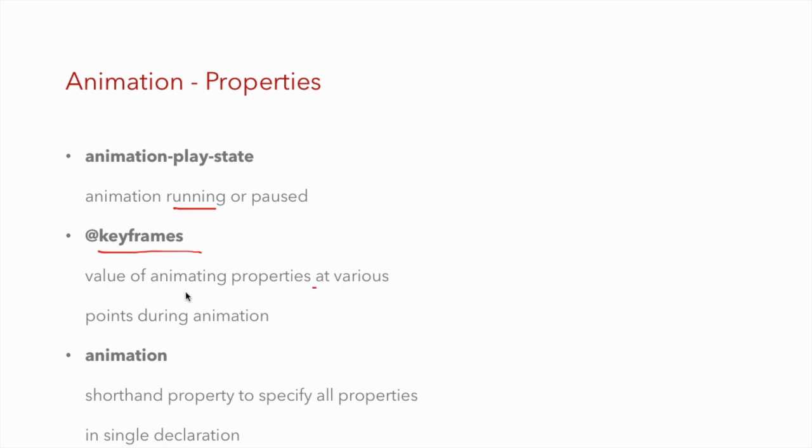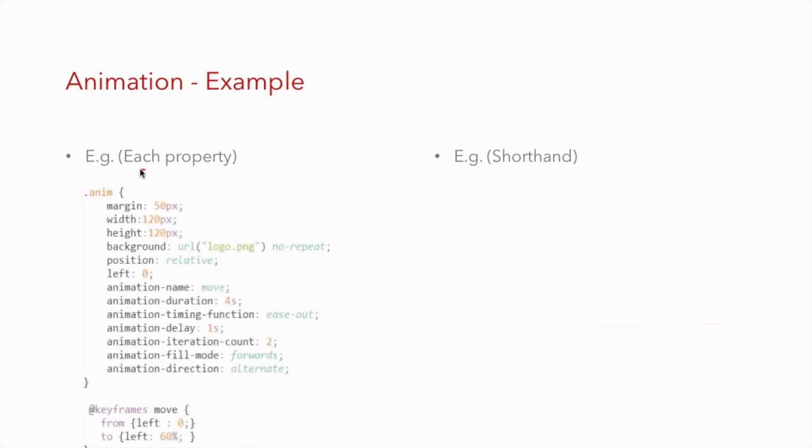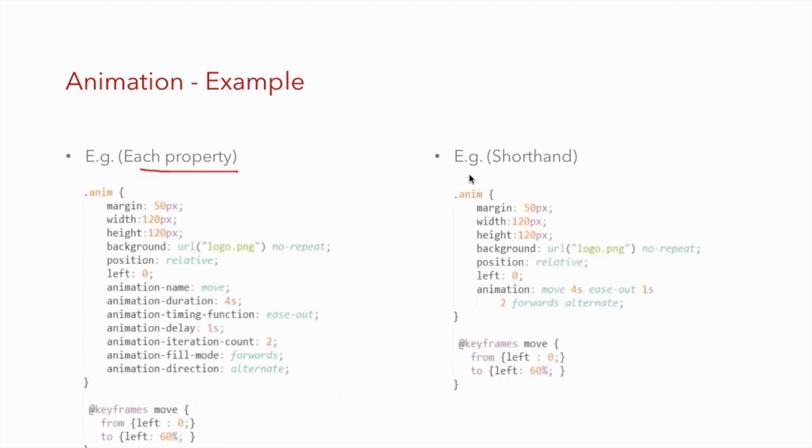These are nothing but values of animating properties at the various points during the animation. And this is the animation property, which is the shorthand property that can be used to specify all the properties in a single declaration. So let us quickly take one example with both methods. One is by specifying each property and the other one is by using the shorthand method.